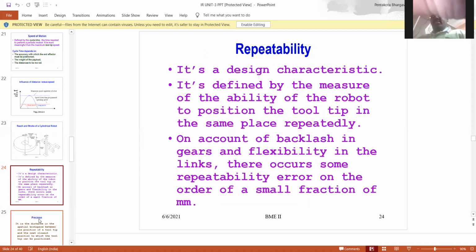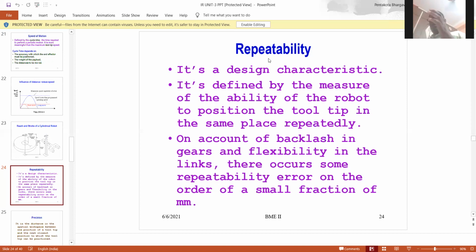Okay, here is repeatability. I already said repeatability is a reliability design characteristic. It is defined as the measure of the ability of the robot to position the tooltip in the same place repeatedly.